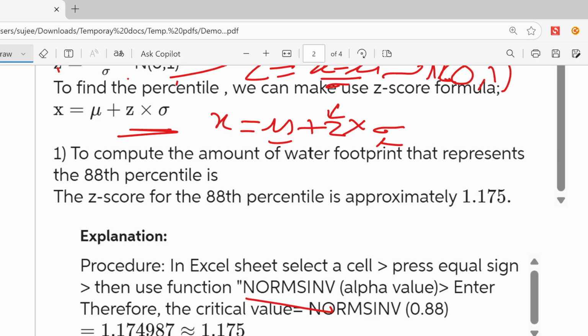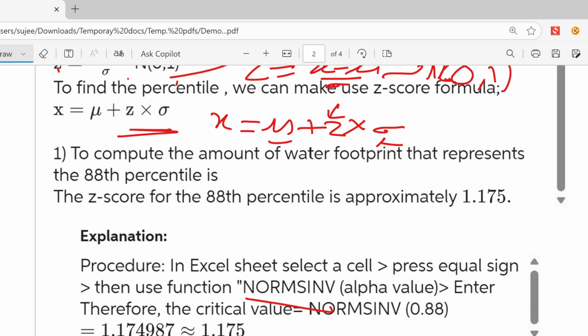Remember to use NORMS in the formula; if you do not, you will get a different and incorrect answer. You have to use NORMSINV to calculate the Z-score corresponding to a given percentile.